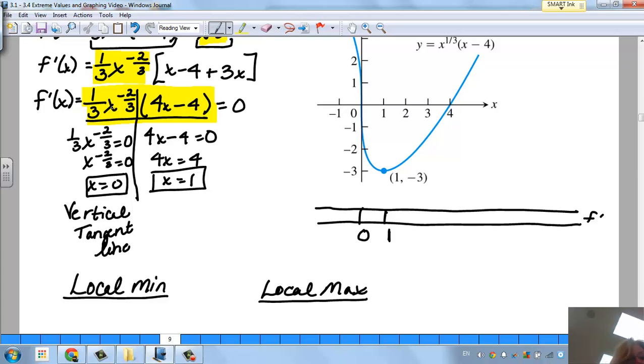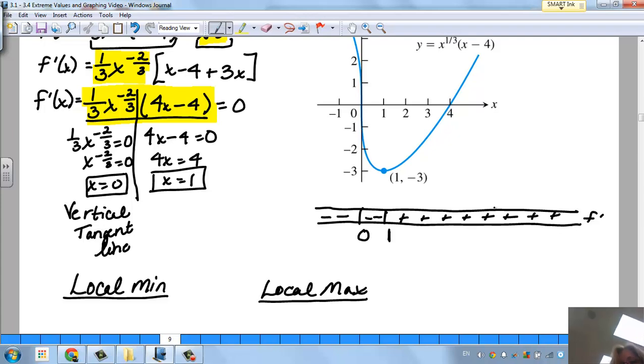A negative 1 raised to the negative 2/3 right here is going to be negative. If I use something between 0 and 1, like a 0.5, if I put it in here, this is still going to be negative. And then if I go greater than 1, like a 2, it's going to turn positive.